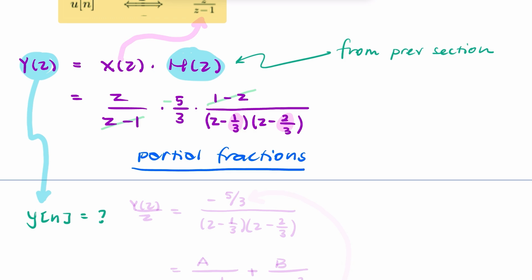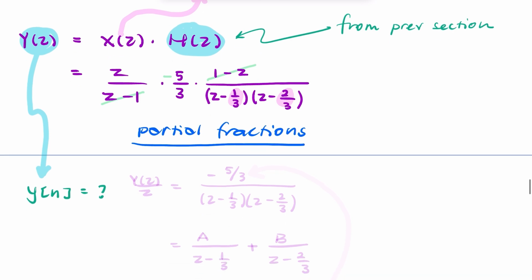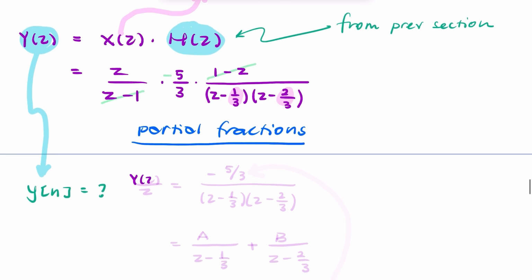We can write y of z, and in particular, if we divide by z, we get y of z divided by z is negative 5 over 3 divided by z minus 1 over 3 times z minus 2 over 3. And we would like that to look more like something over z minus 1 over 3 plus something else over z minus 2 over 3.